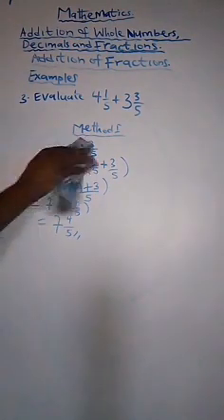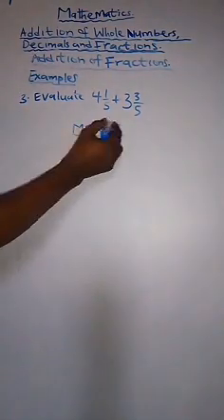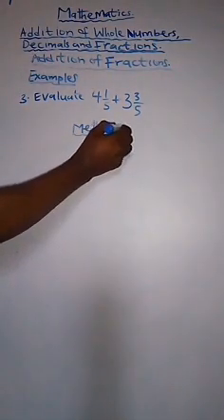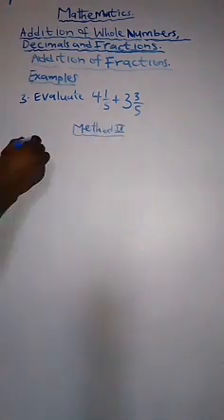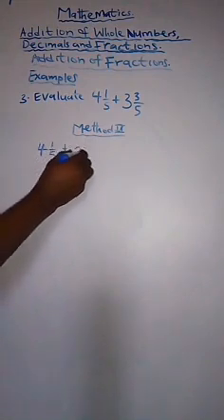Another way of doing this, which I'll call second method. Under the second method, we have 4 whole number 1/5 plus 3 whole number 3/5.